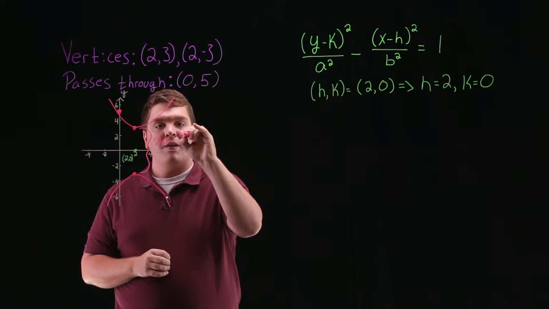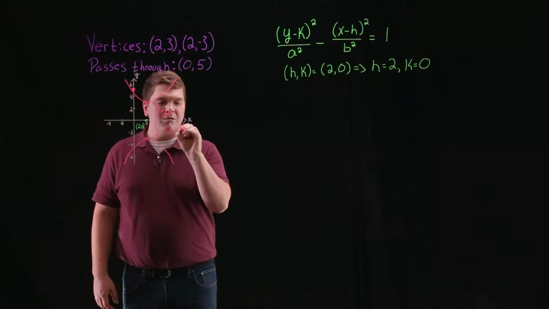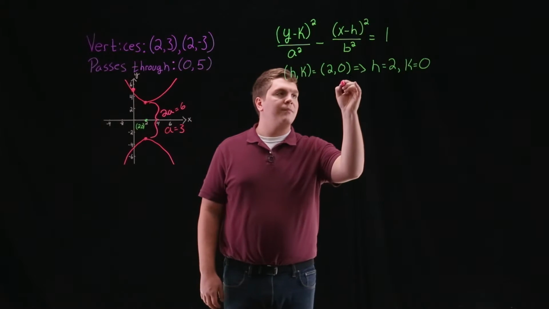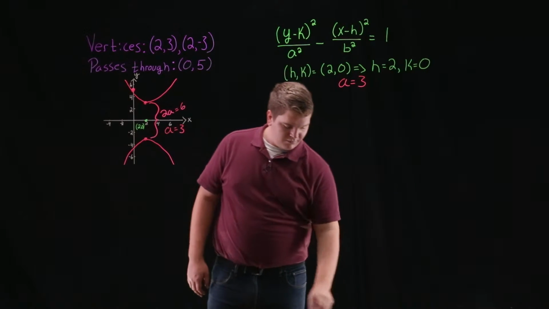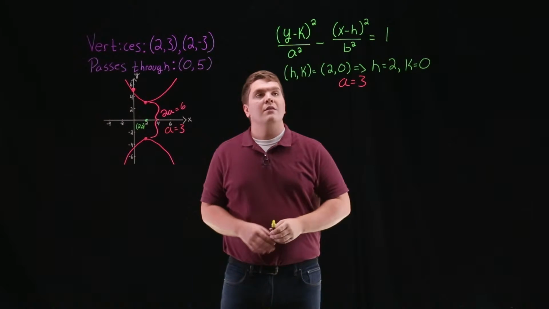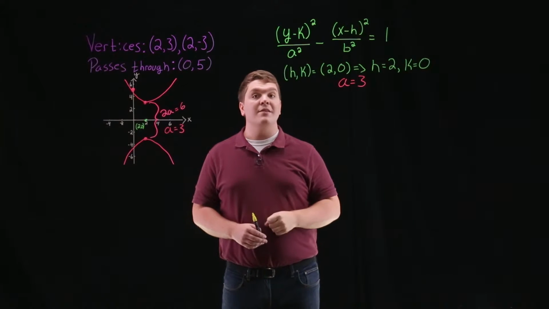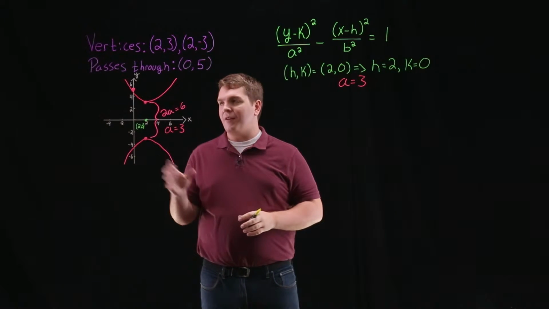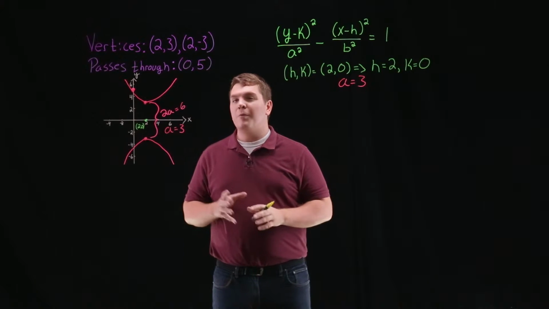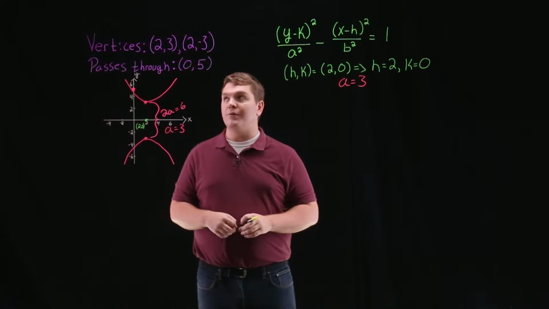So we have 2a equals 6, which means that a is equal to 3. So now we have h and k from the center of our hyperbola, and we know what a is. But just by looking at the graph and the vertices, we really don't have a good way to figure out what b is equal to.